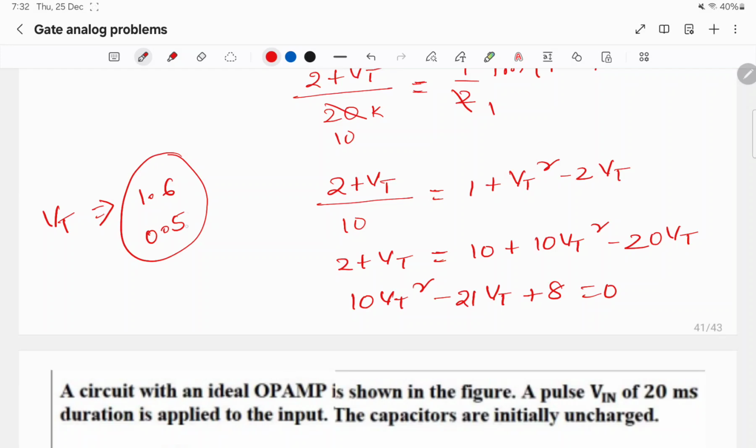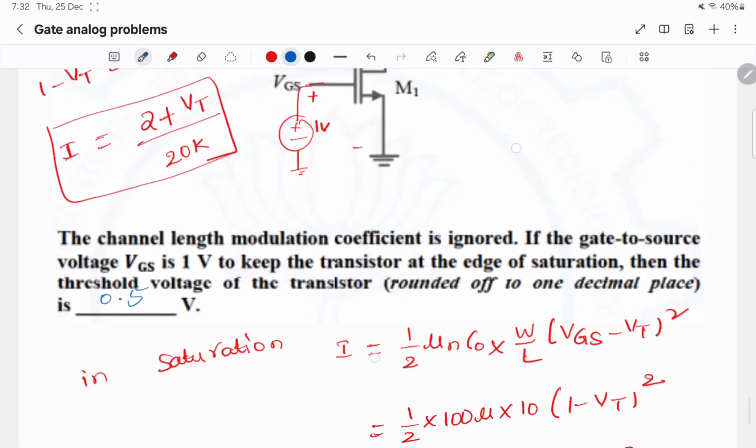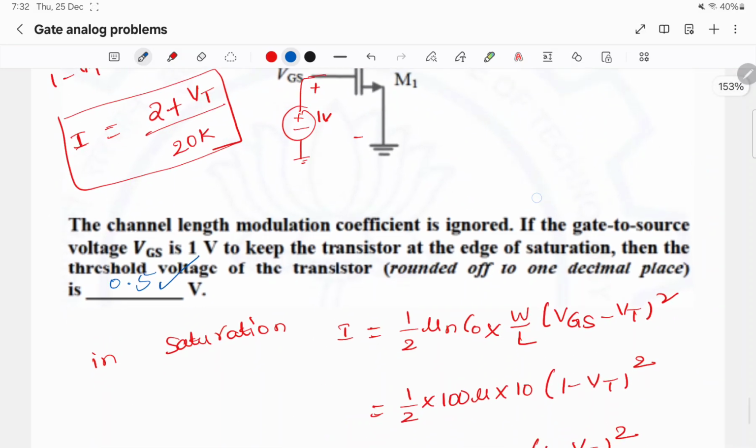One is 1.6 and the other one is 0.5. 1.6 cannot be the answer, 0.5 is the answer, because if it is 1.6, the MOSFET will not turn on because VGS is 1 volt. So the answer is 0.5 volts.